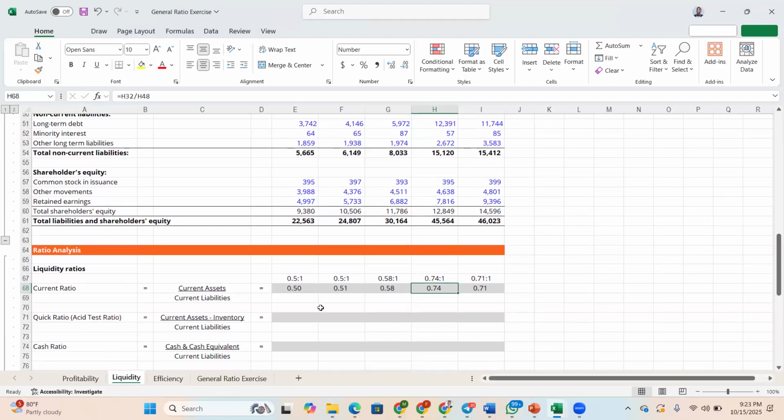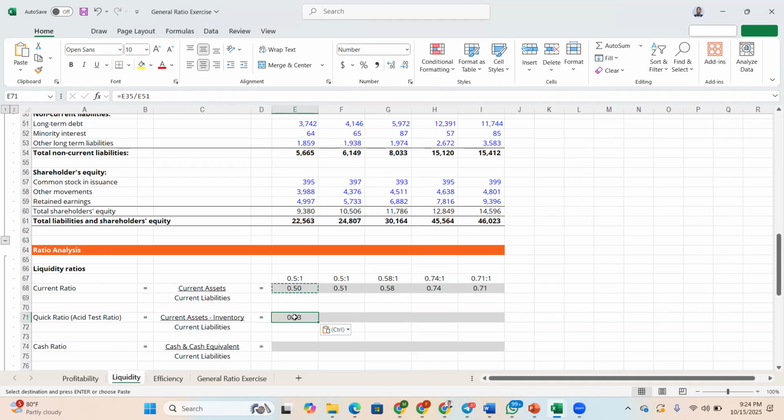Now for our quick ratio, it's still the same thing as this. We just copy this, Control C and Control V. Now, let me use this to explain something so we are clear.